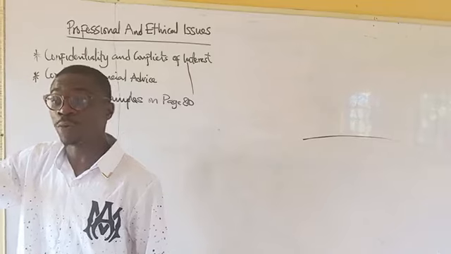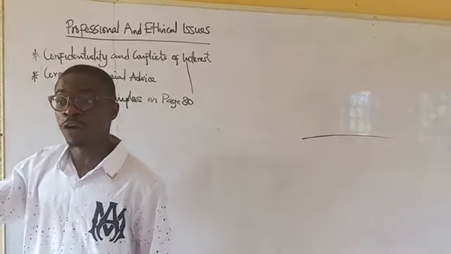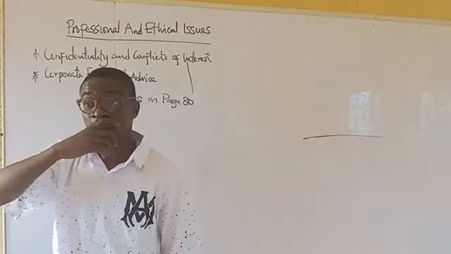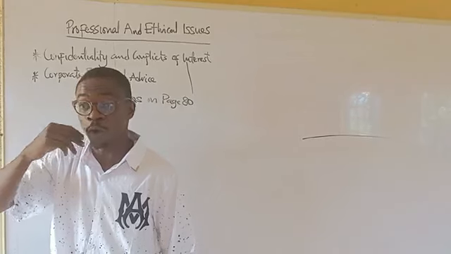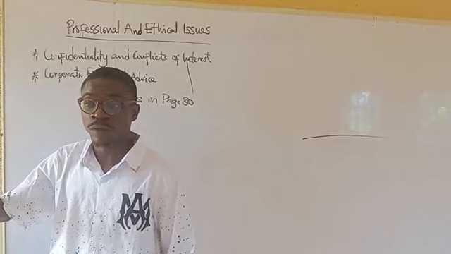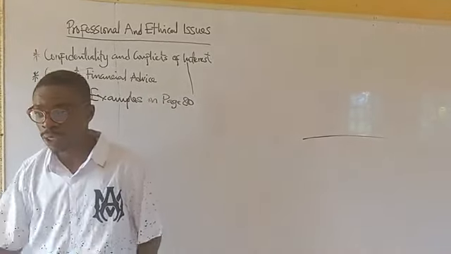But after that they should be rotated, right? For a cooling off period, that means another engagement partner should replace the person that has been doing the audit for 10 years, for a further cooling off of 7 years.